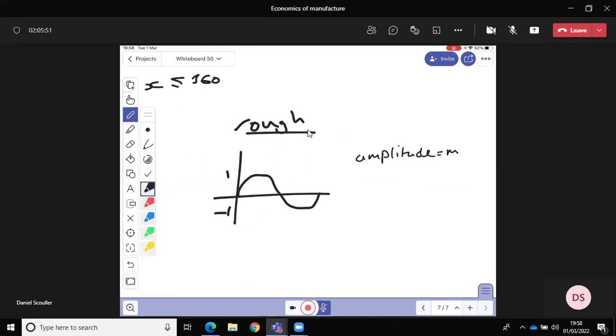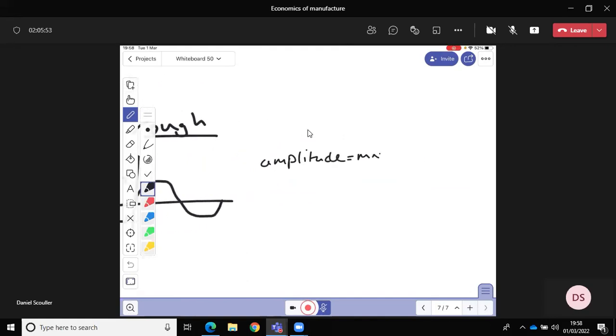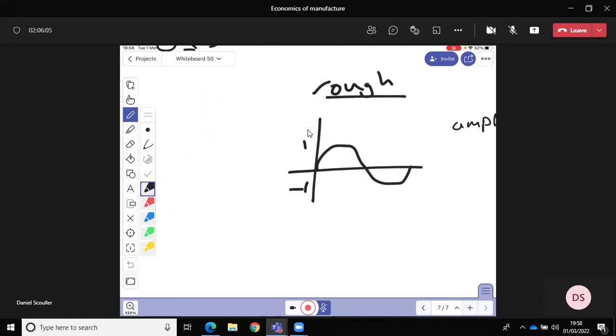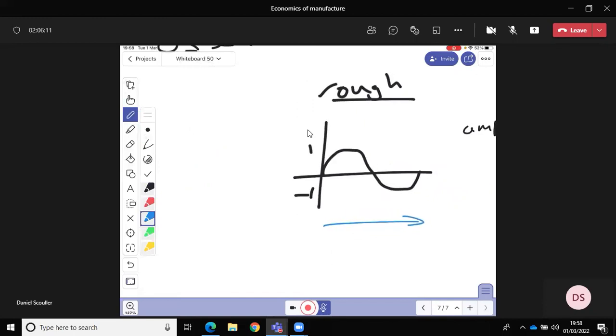Our max is going to equal 4, our minimum -4. And then all our milestones are going to move to the right by 25 degrees.